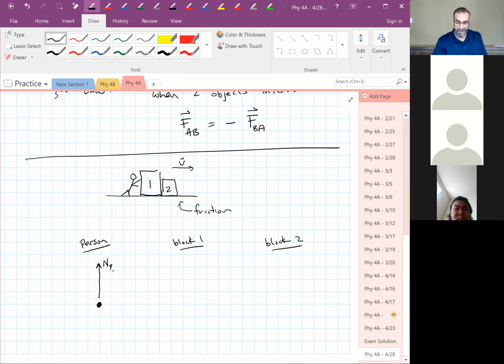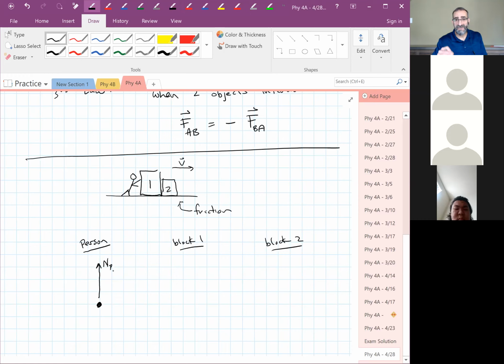Okay, hold it. What's the person doing? The boxes are sliding to the right. The person is pressed up against, their feet are pressed up against the floor, and they're pushing these boxes to the right, walking along the floor, pushing on them. Let's think about this.